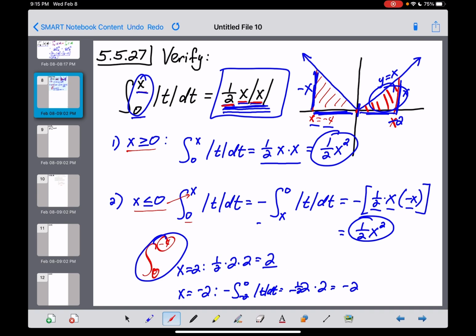So even though it was tempting to say the answer was 1/2 x squared in both cases, that answer would always be positive. This is a variation that allows for a negative answer if x is negative. And if x were positive, this would still be positive as well. So number 27 is kind of a tricky problem, but hopefully we learned something by going through that one.